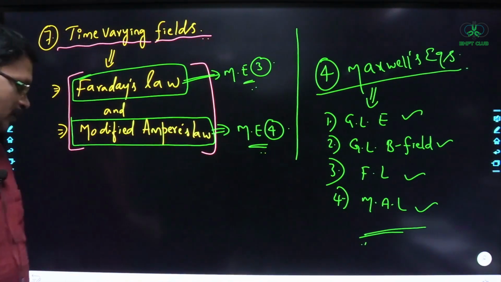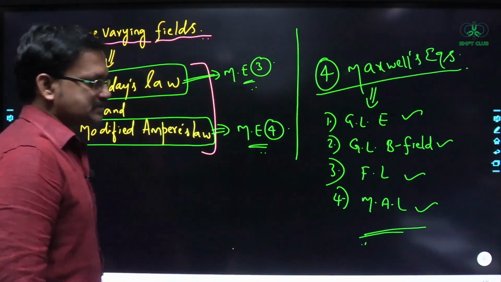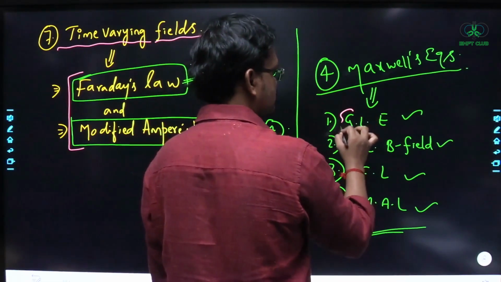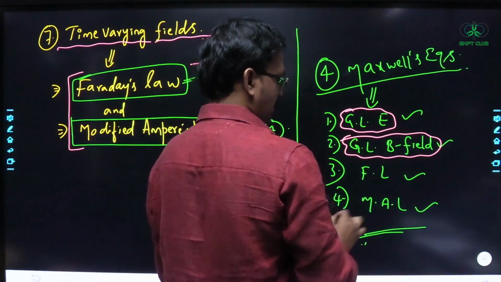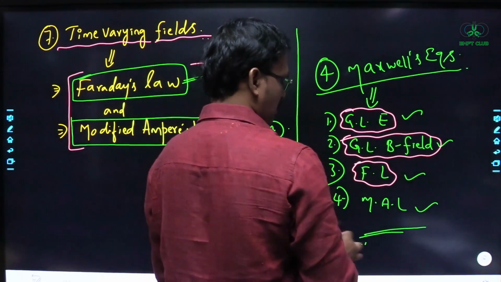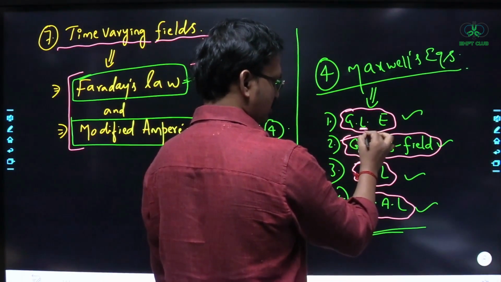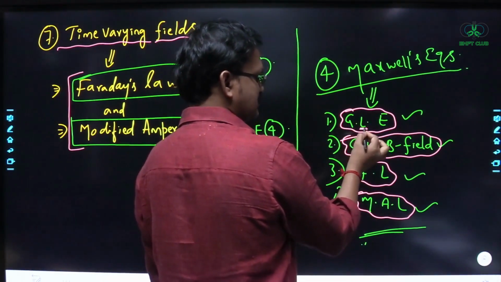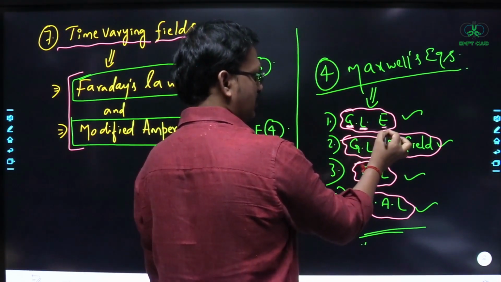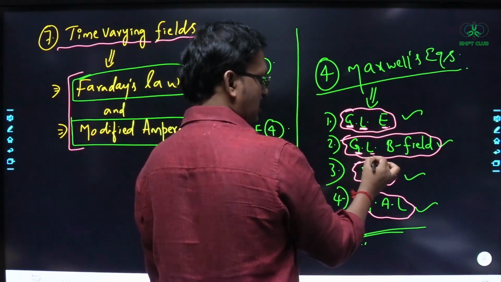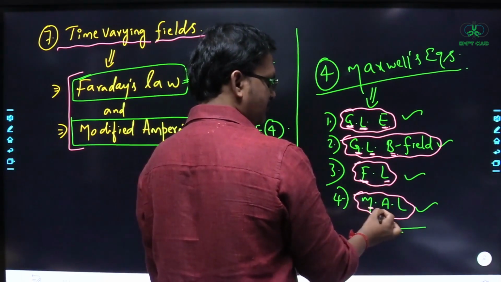So these are the 4 Maxwell's equations. Understood? Here generally the students may get one doubt. Sir, you are saying Gauss law for electric field, Gauss law for B field, Faraday's law, and modified Ampere's law. Whenever you say law, you are mentioning the scientist's name.